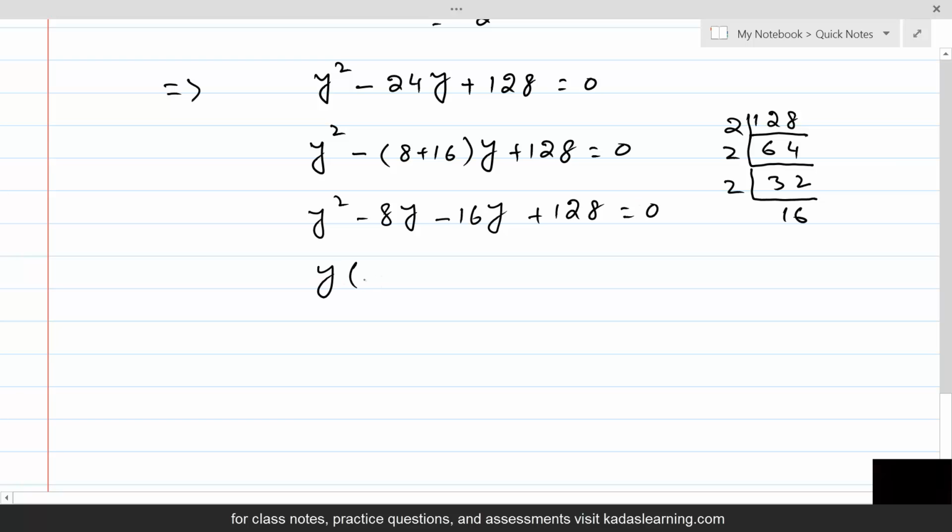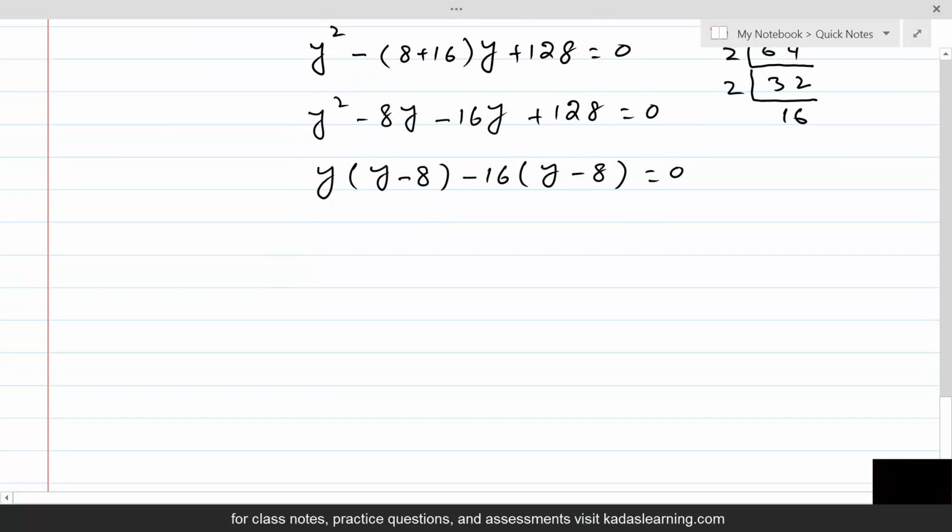If we take y common, we get y minus 8, minus 16 common, and we get y minus 8 equal to 0. So here we take y minus 8 common, leaving inside y minus 16 equal to 0.